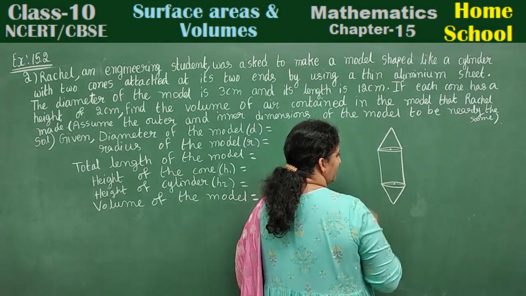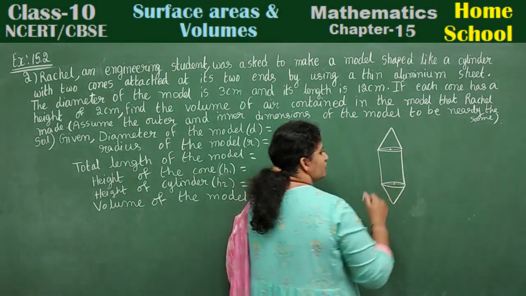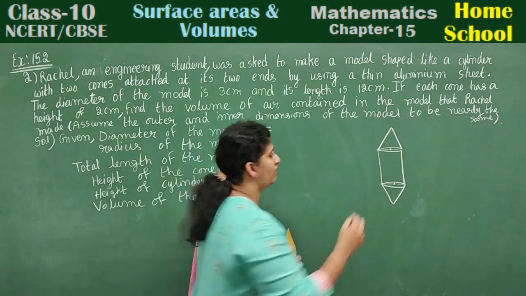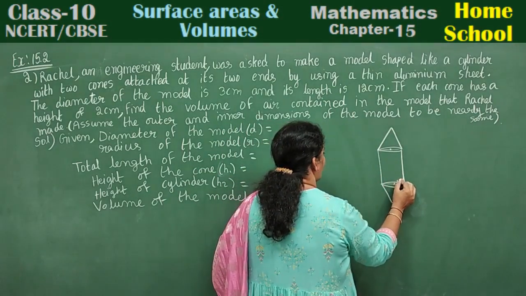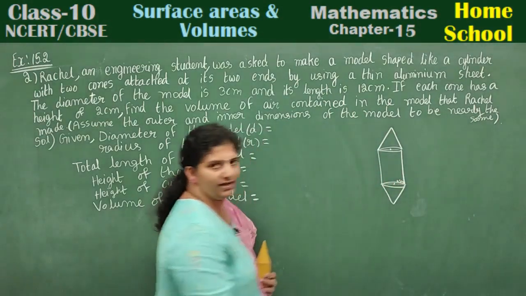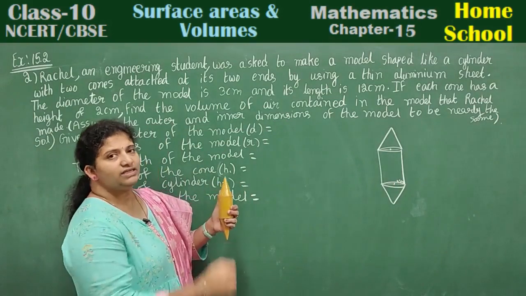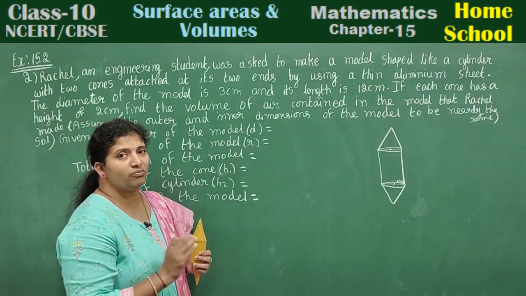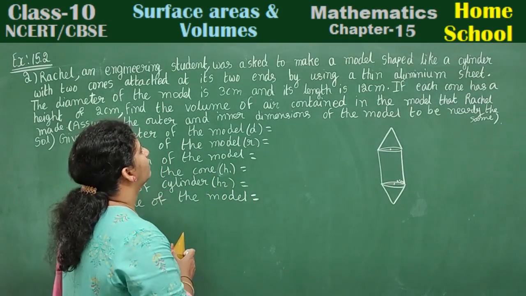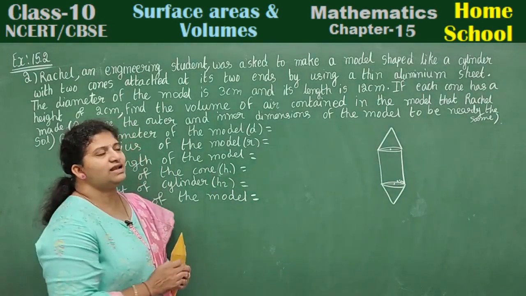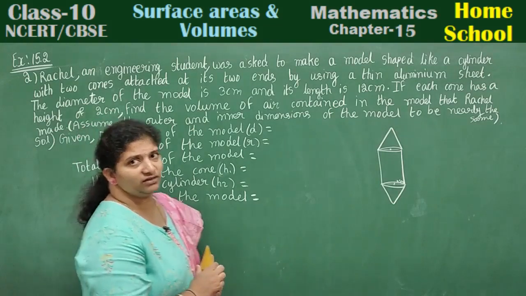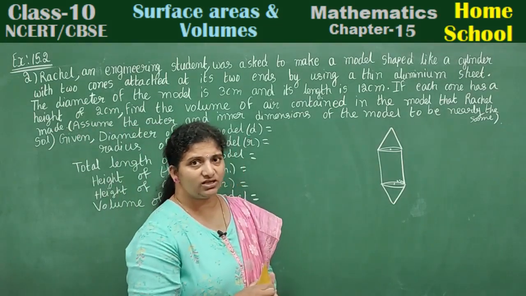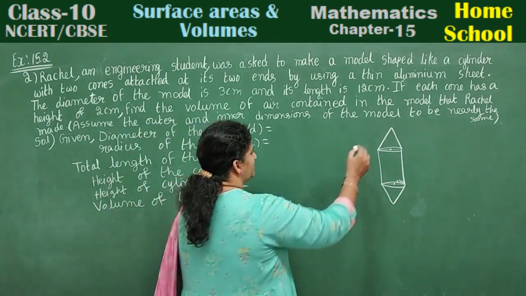So diameter 3, radius is 3 by 2, that will be 1.5 centimeters. We need radius, right? Diameter of the model is 3 centimeters. Radius is 1.5 centimeters. And its length is 12 centimeters. Which length is 12, children? Model length is 12 centimeters.